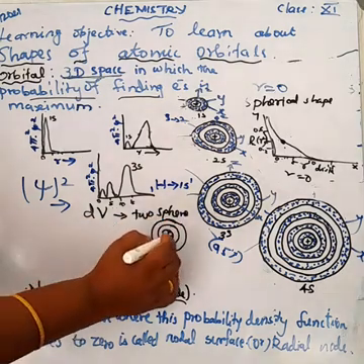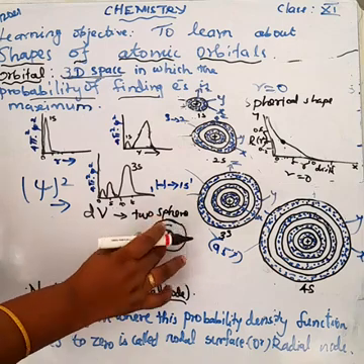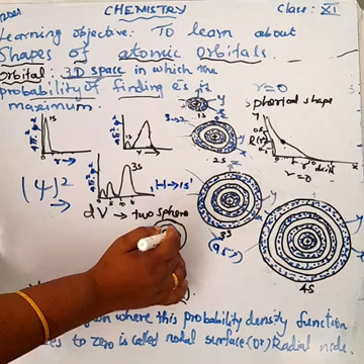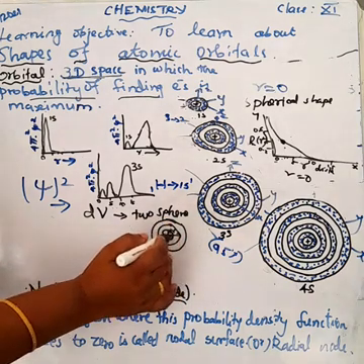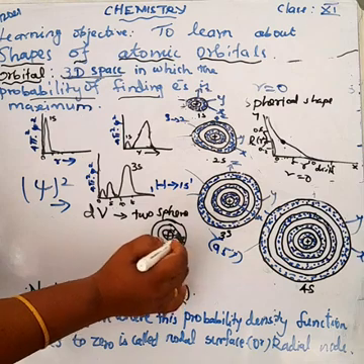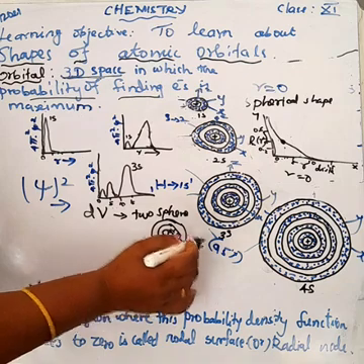We know that r means the distance from the nucleus and the most probable electron location, and this thickness is dr that we are taking. So it is the volume of a sphere.